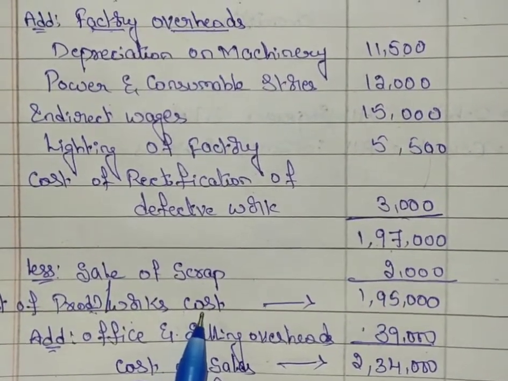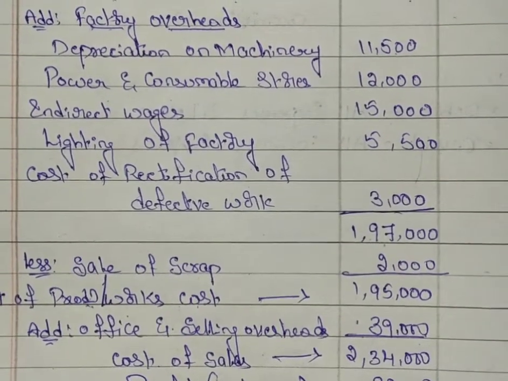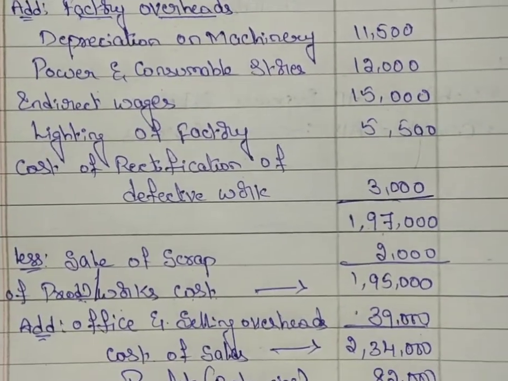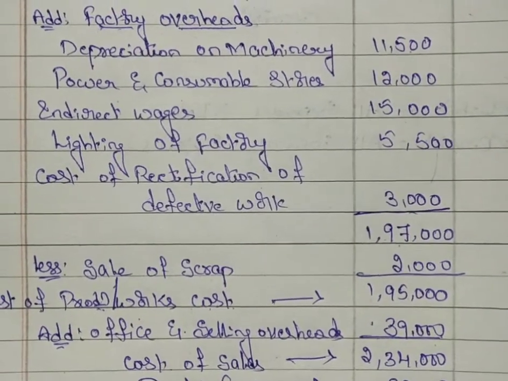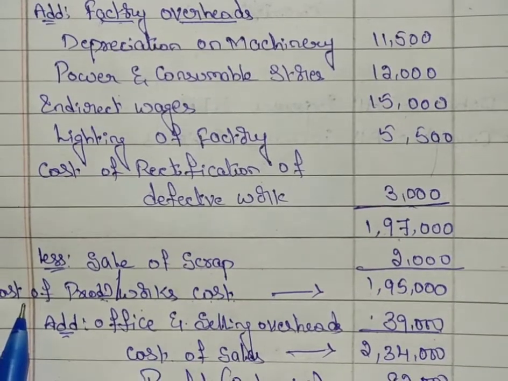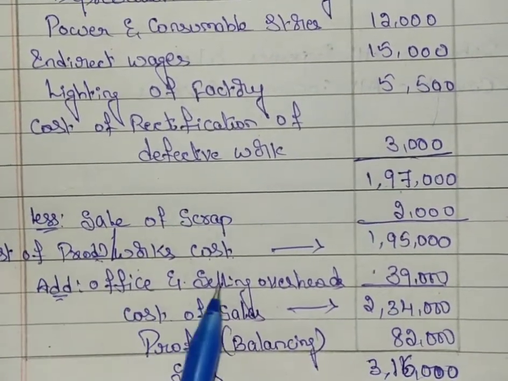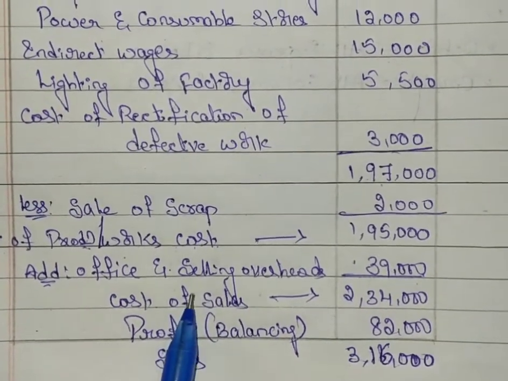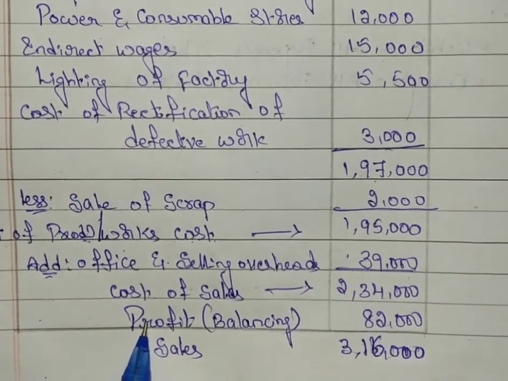Once the works cost has been calculated, then you have to make the adjustments of finished goods for the works cost. Then you will get cost of production. But in this problem they have not given any adjustments related to finished goods. So directly the works cost itself we are considering as the cost of production. For this cost of production we are adding office and selling overheads. Then you will get cost of sales. For this cost of sales you should add profit or deduct loss.